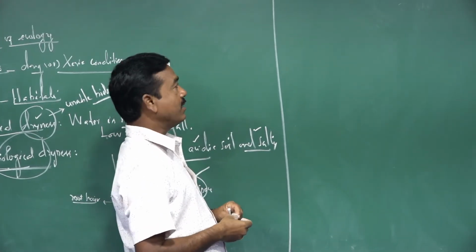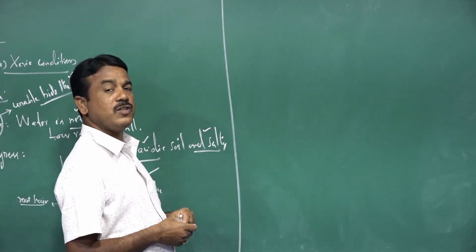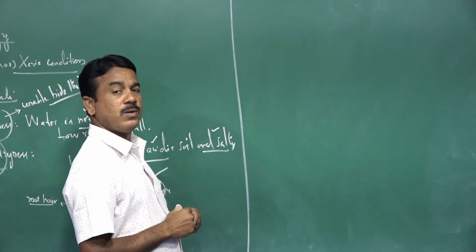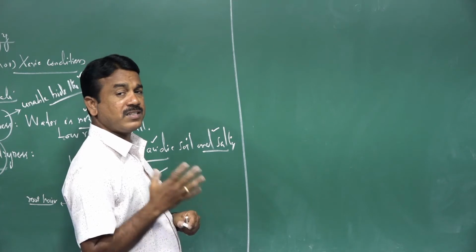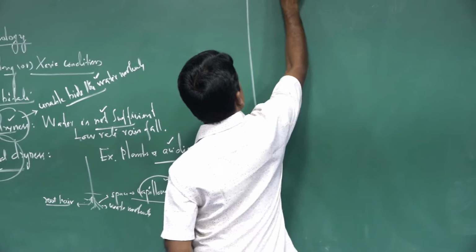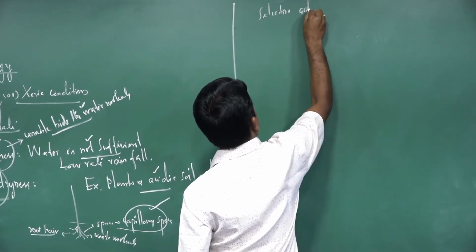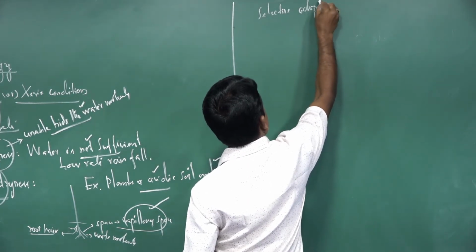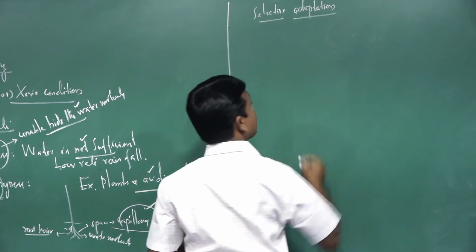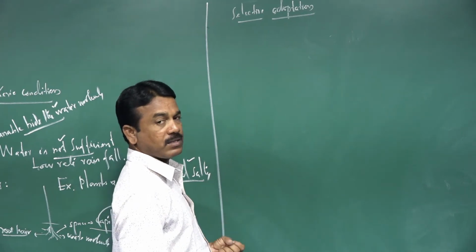The next one: these are the things by which xerophytic plants are classified based on the habitat. Now xerophytic plants can be classified into three types based on selective adaptation.